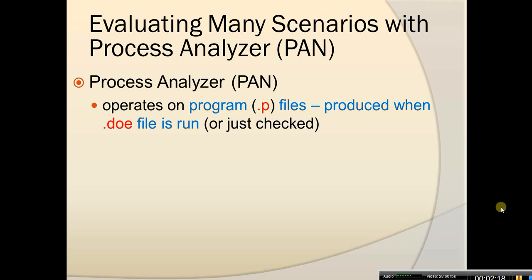But you can also just check it, or compile it, and it will also produce the .p file, or a program file. So it's important that you will not be able to use the process analyzer until you generate this program file from your model file.